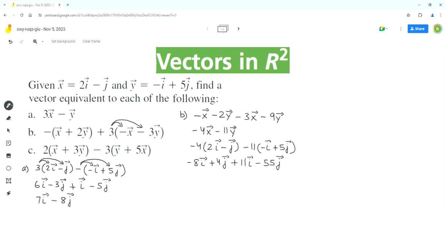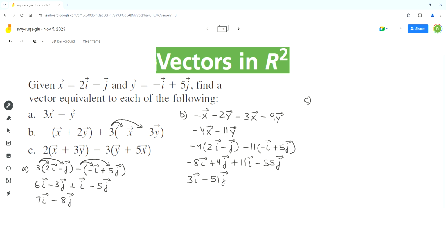And now we can combine the i and the j terms. So negative 8 plus 11 is positive 3, and 4 minus 55 is negative 51. So this should be the final answer for part B.